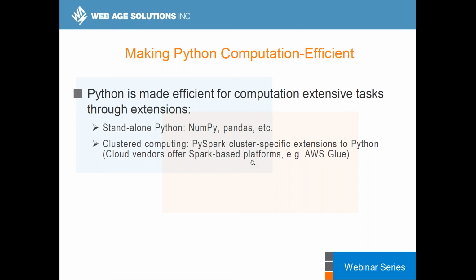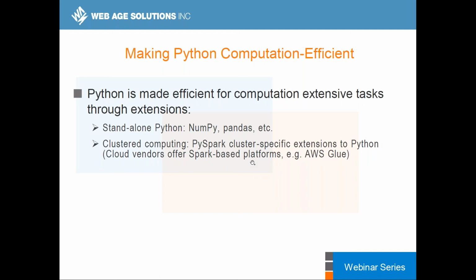An excellent example is AWS Glue. Glue is a very nice way to name the system. I guess Amazon, to their credit, has the ability to come up with nice names like EC2, S3, and Glue. And that's exactly what it is. They just borrowed the Spark platform and built on top of it a thin layer.